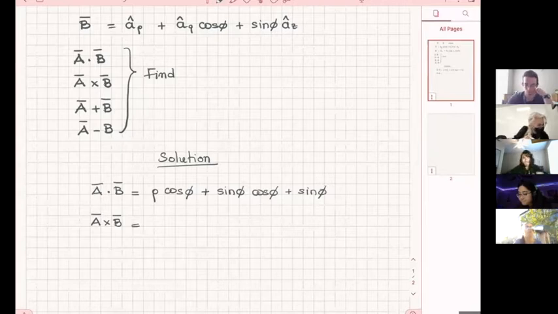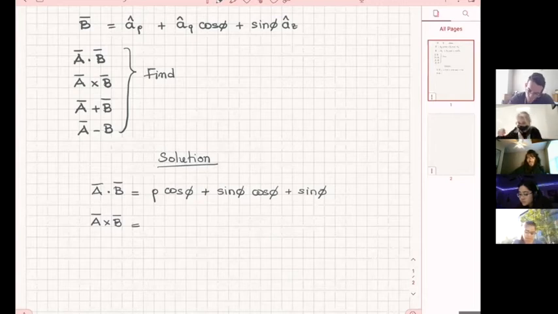Here, I don't have those in front of me. Let me find them. Give me the notes, but I don't find them here. One second. Let me find the A cross B. There.